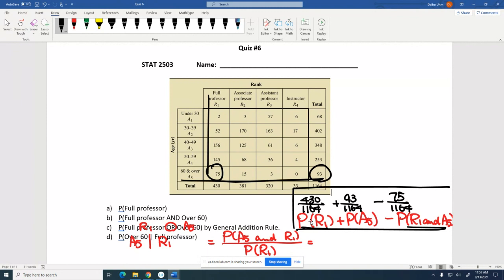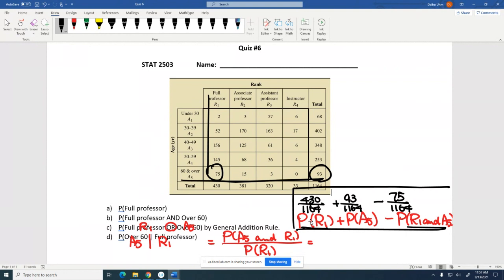You already applied the conditional probability. Separately, can you give me the joint probability of over 60 and the full professor? 75 out of 1164.